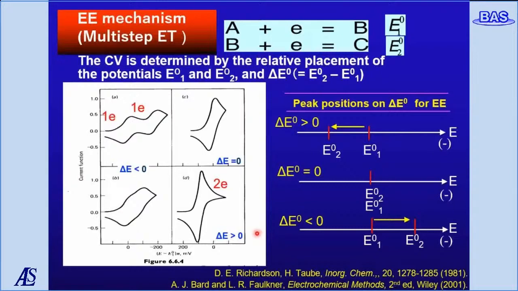When delta E is less than -125 millivolt, the two waves become resolved into two well-separated waves, and each wave takes on the characteristics of a one-electron transfer.